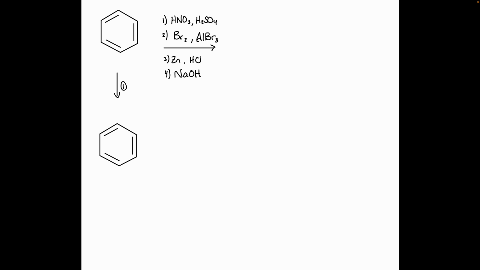So if we look up here, I'm going to break this up into each individual step here. The first step adds a nitro group. Now I'm going to do my second step where I'm going to add a bromine. But since this nitro group is a meta-director, I'm specifically going to put that bromine on that meta position.